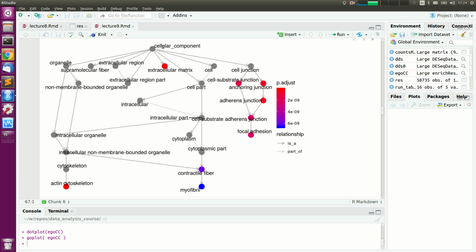So here you see the root of a tree, cellular component, and with the root sprout different branches, the different cellular components which are described in GO, namely an organelle, an extracellular region, the cell itself, the junctions between cells, the ECM. The organelles again are divided into membrane-bound and non-membrane-bound, and so on. So we can imagine how GO has this kind of tree structure where you have a root.